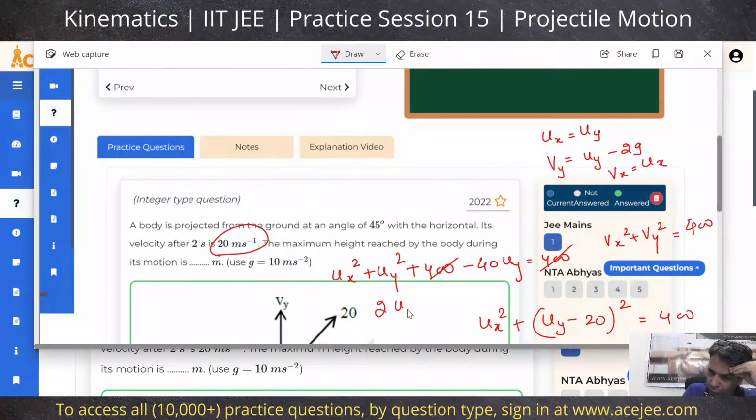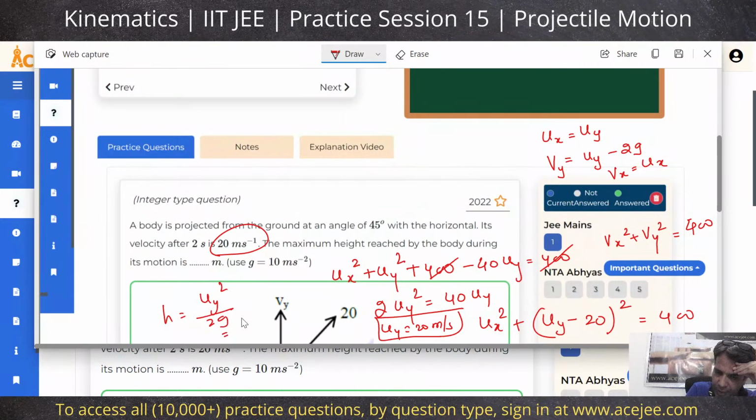We have 2 Uy squared equals 40 Uy, so Uy is 20 meters per second. There was my error. Now the maximum height is Uy squared by 2g. So that is 20 squared by 20. That is 20 meters. Ruchika beta, you are correct.